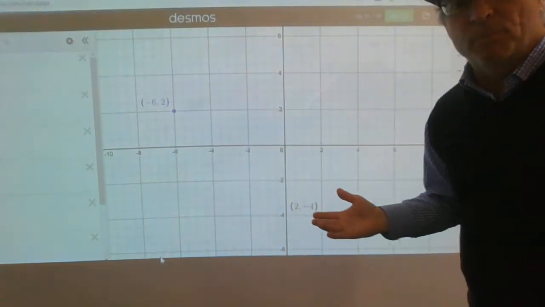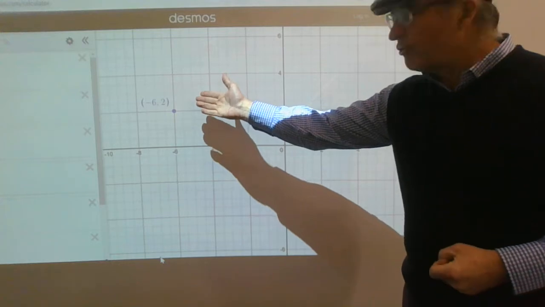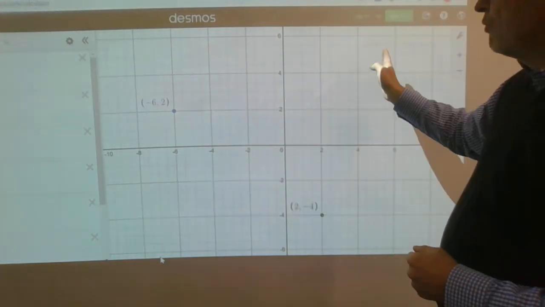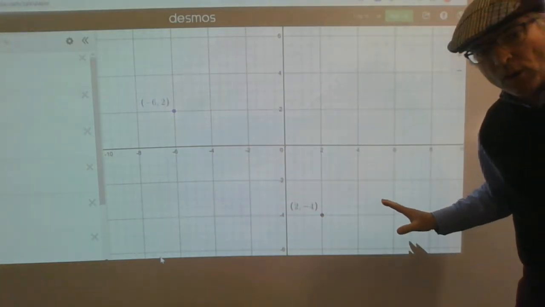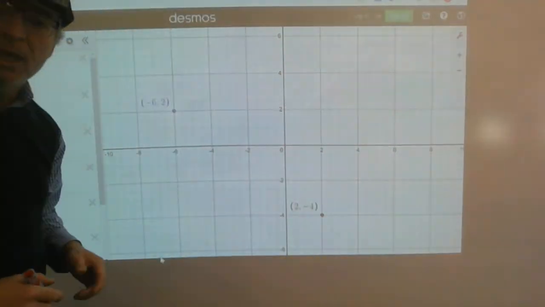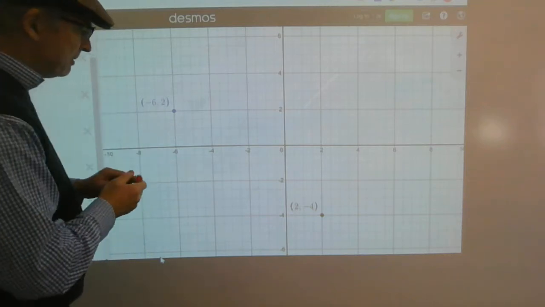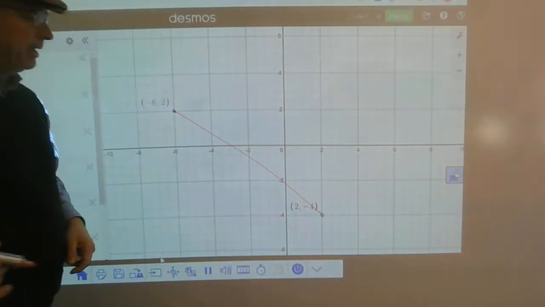Now I've just picked 2 points, one of them is in the second quadrant, because you count going around, first, second, third, fourth. So the other is in the fourth quadrant of the number plane. And I'm wanting to find the midpoint of the interval joining those 2 points. The midpoint of this interval here.